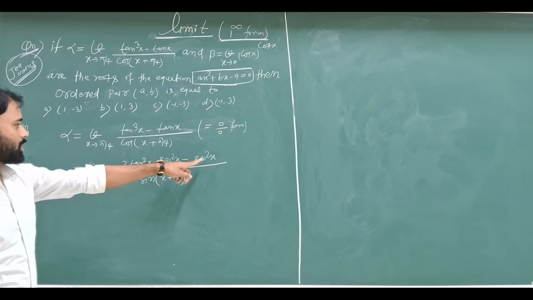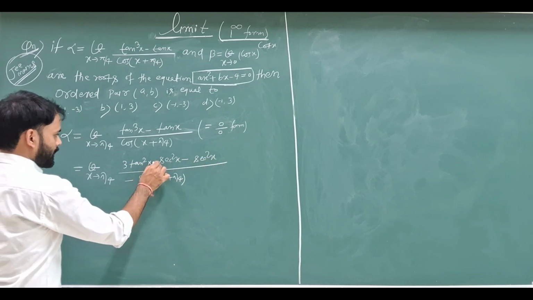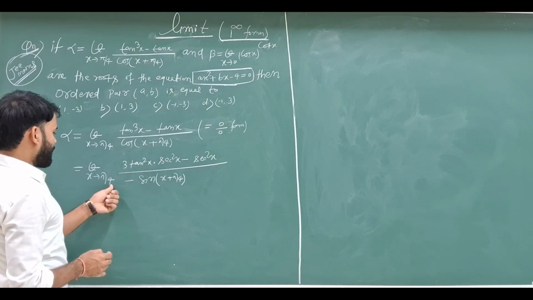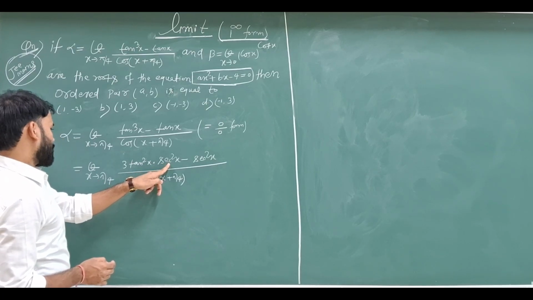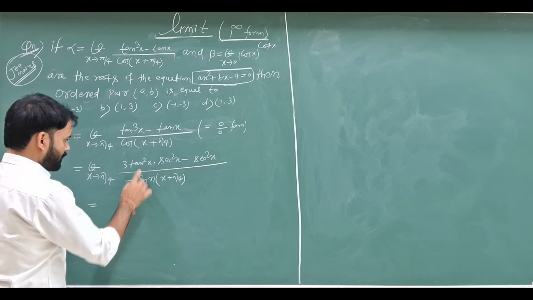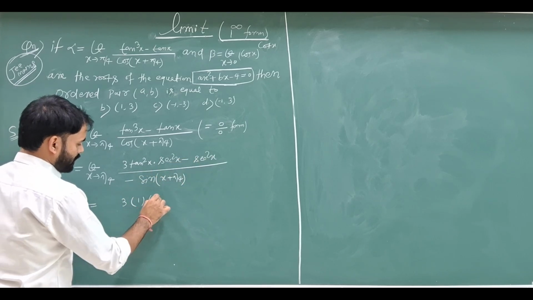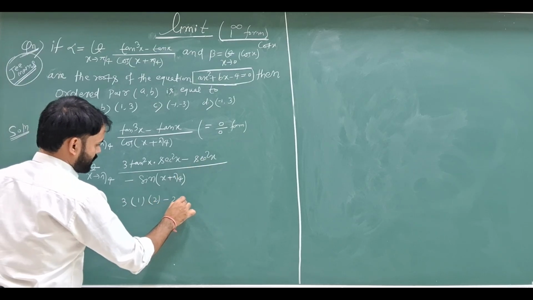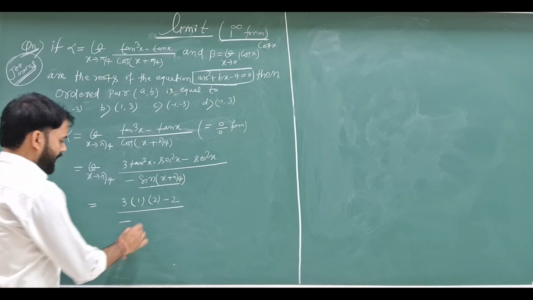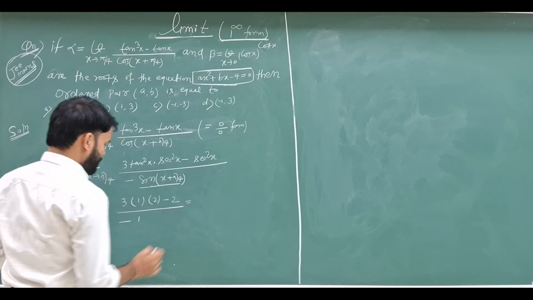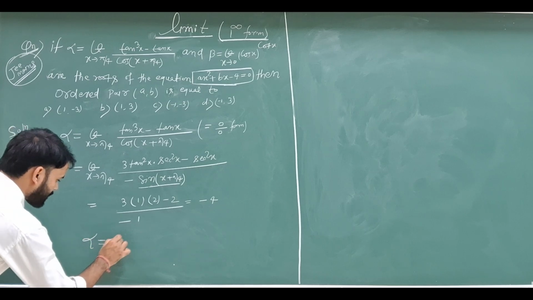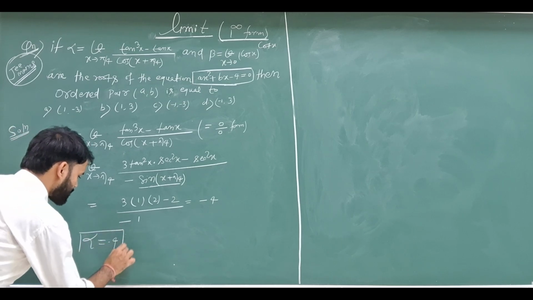After applying L'Hopital rule, you take again the limit x tends to pi by 4, this quantity goes to 1 and sec pi by 4 is root 2, squared this is 2. So you can see 3 into 1 into 2 minus this is also 2 minus this quantity sin pi by 2, sin pi by 2, this is 1. You can see 6 minus 2 is 4, this is minus 4. So alpha is equal to minus 4.